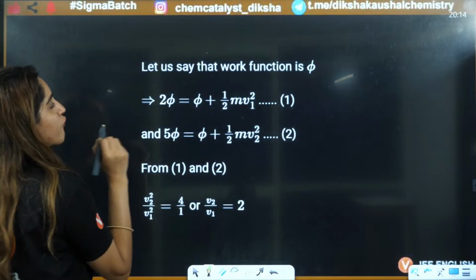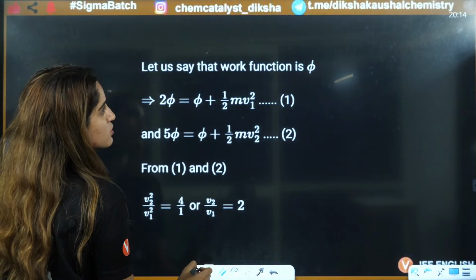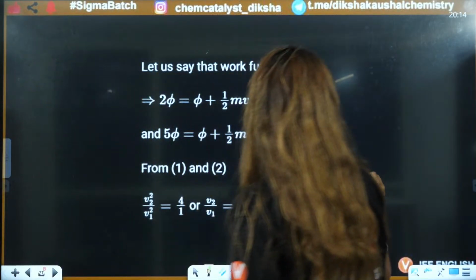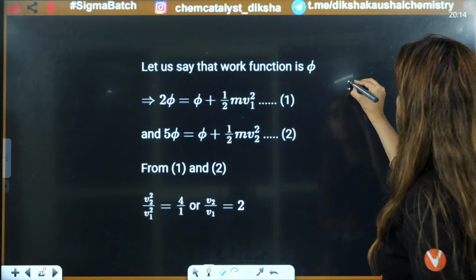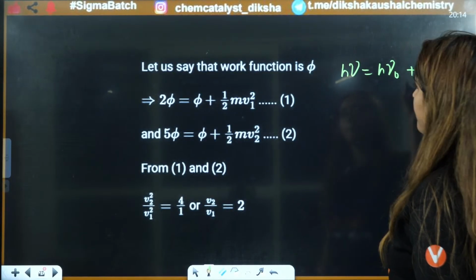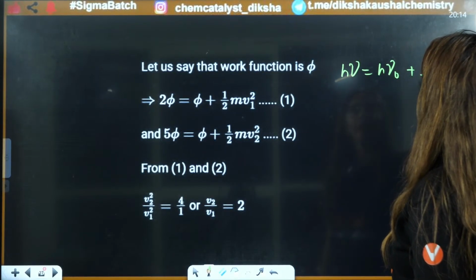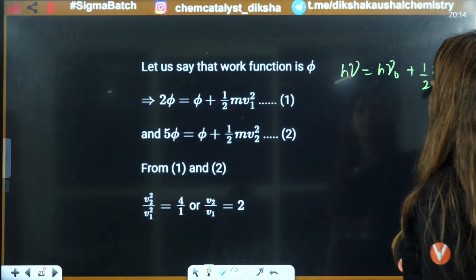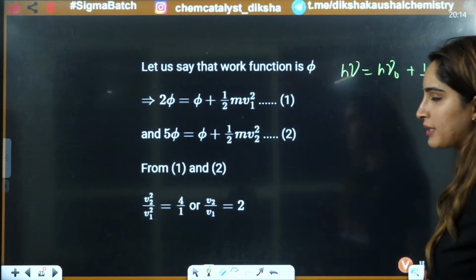We can just solve it like this also. We know that h mu is equal to h mu naught plus half m V1 square, because that is the kinetic energy of the first one.